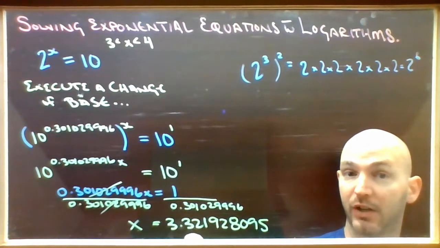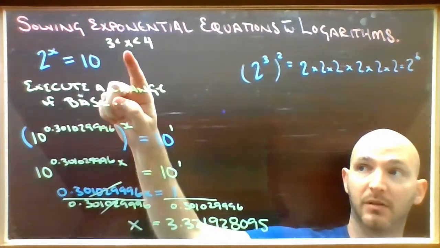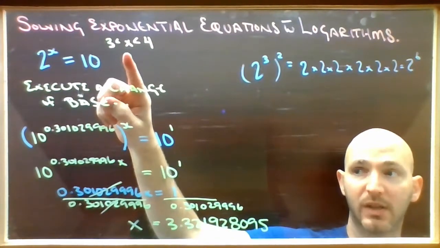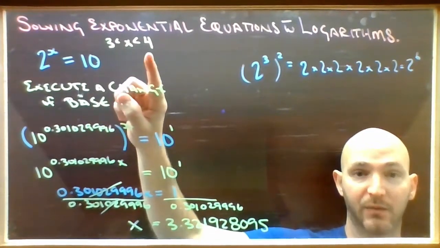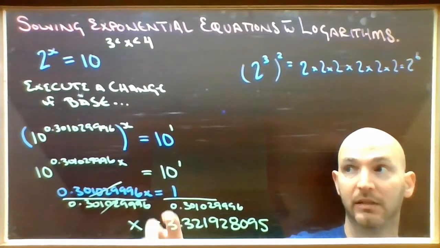Now that's encouraging, because back at the beginning of this problem I said I was looking for a number that was bigger than 3 and less than 4, and I got that.